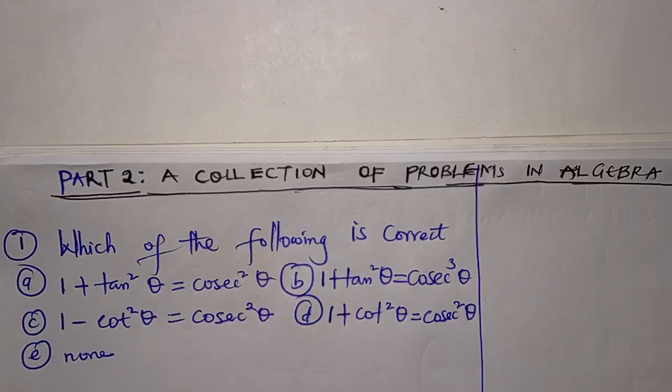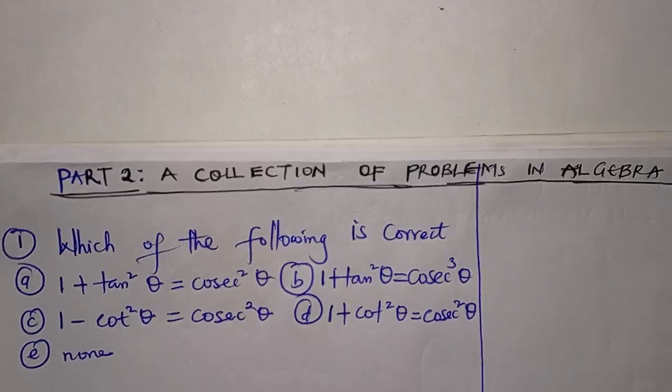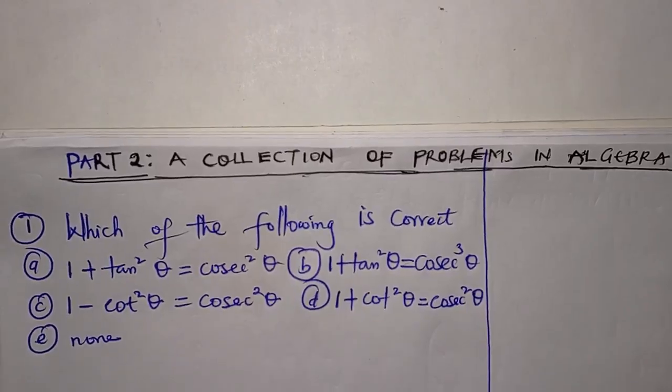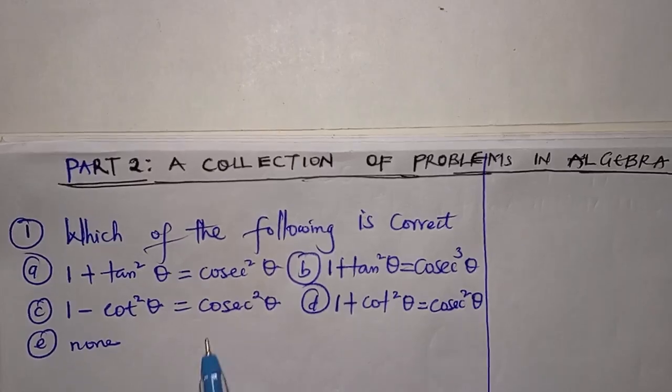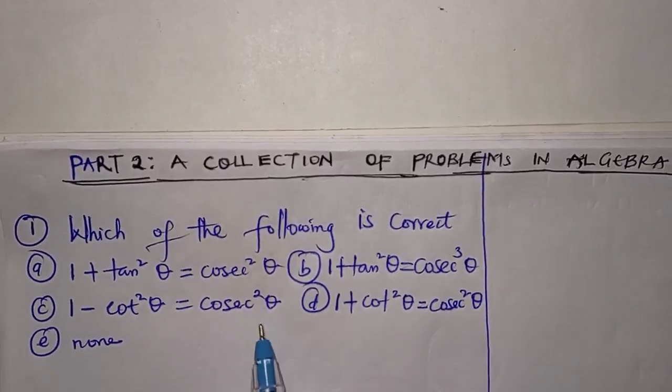The first question here says, which of the following is correct? Option A, 1 plus tan squared theta equal to cosec squared theta. B, 1 plus tan squared theta equal to cosec cubed theta. C, 1 plus 1 minus cot squared theta equal to cosec squared theta.